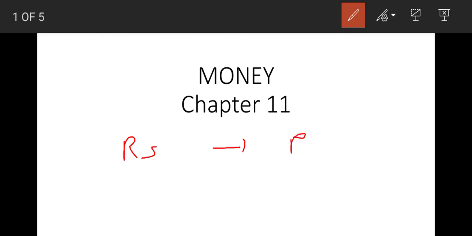And Indian currency is in the form of rupees and paisa. I told you, rupees is denoted by this symbol. Okay, in India we write this symbol for rupees and we write the symbol P for paisa. Alright children?